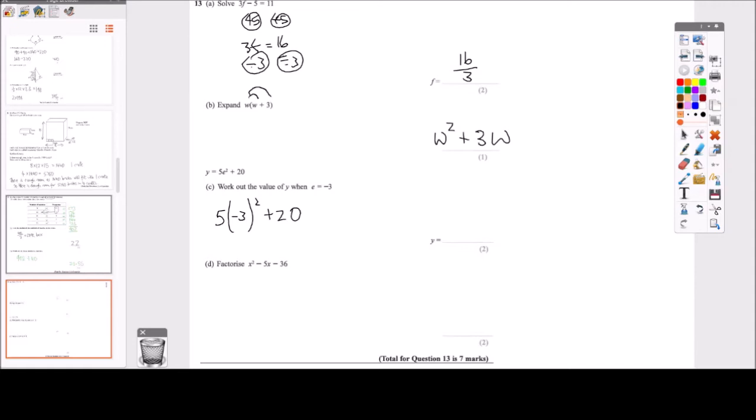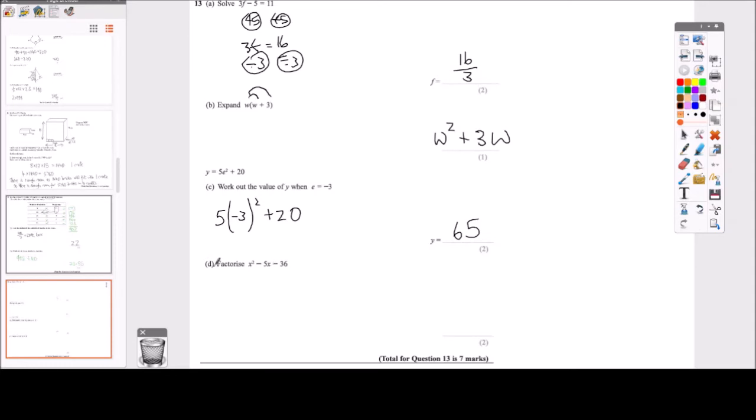Unless you put it in a bracket, your calculator is going to tell you it's -9. If you put that into your calculator, it will give you the correct answer, which is: -3 squared is 9, 9 fives are 45, 45 add 20 is 65. But you can take the pressure off having to mentally work it out if you remember to put the -3 in a bracket and then simply substitute that into your calculator.